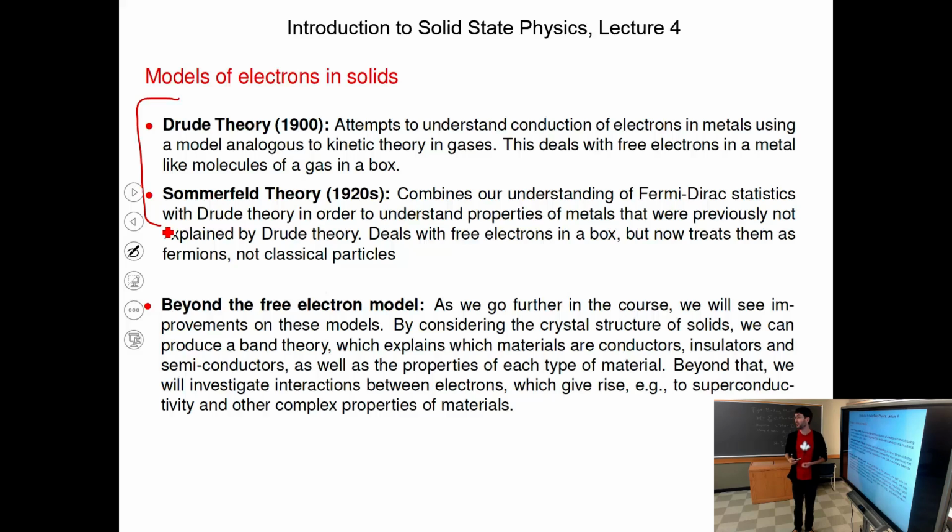These theories both have success and still can be applied today, even the classical one, which is profoundly wrong. Some aspects of it are still useful. I use it in my lab to calculate practical things about semiconductors like mobilities. And Sommerfeld theory is even better than that, but they're both actually approximations.